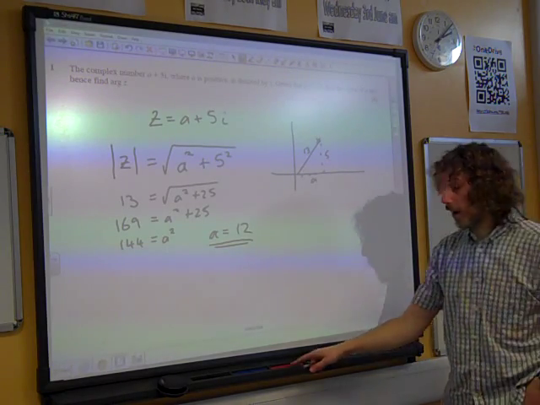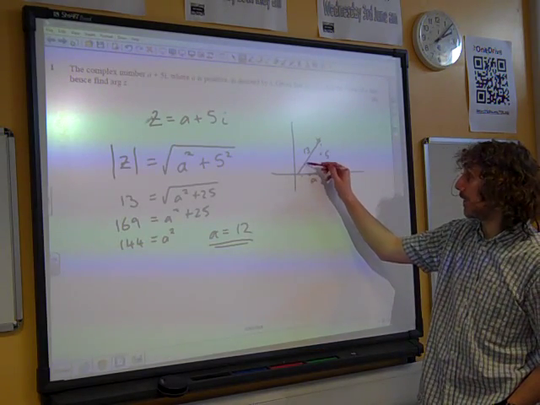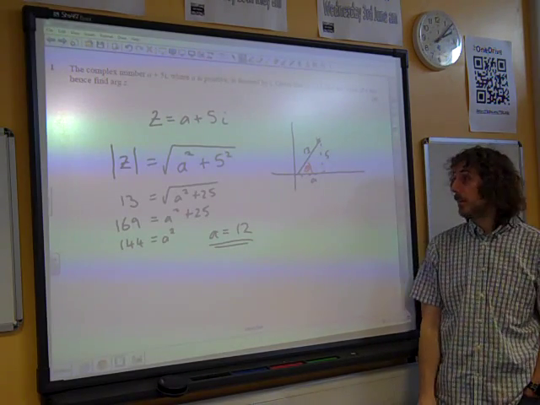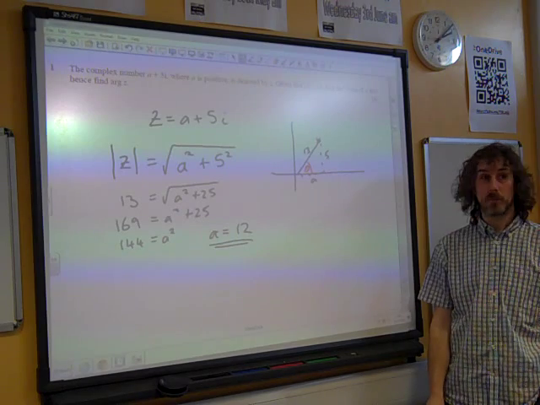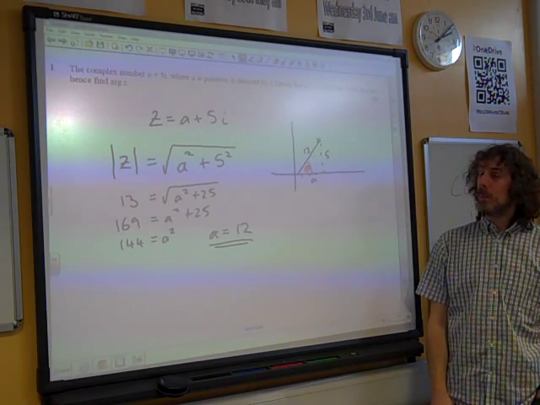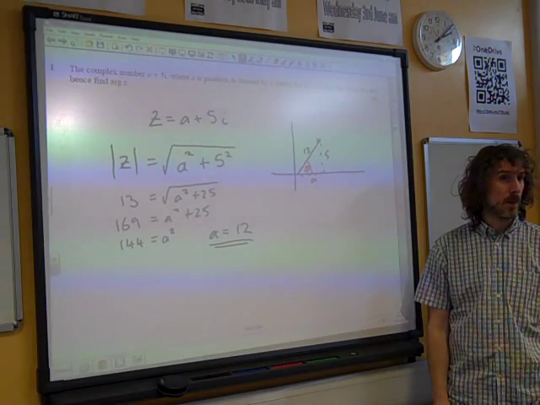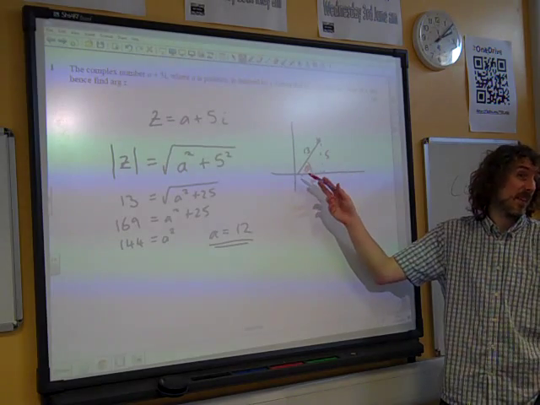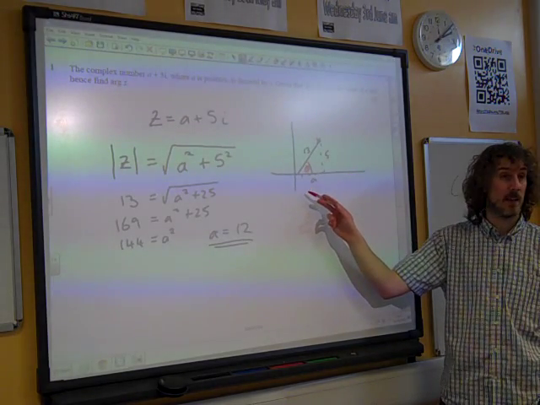Which leaves us finding the argument of z. Well, my little diagram that I just did was quite helpful. There's theta, that's the angle. And we can do it however we want now. In theory we could do tan of 5 over a.